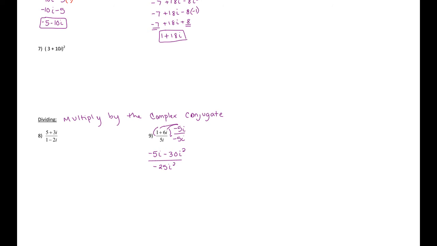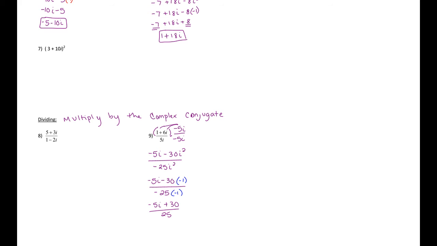Then, because we can't have i squared in our answer, I'm going to go through and replace all of the i squareds with -1. And I'm going to simplify again. So I get -5i plus 30 over positive 25.